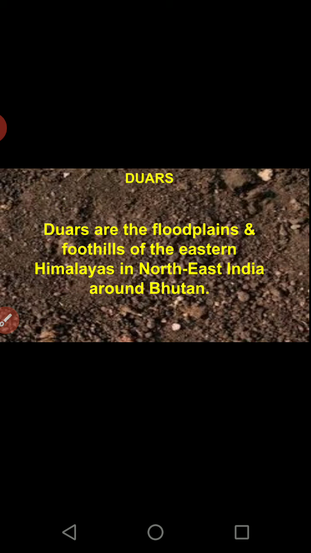Let's go back. Duars: it is the same soil, but they are known by different names. Duars are the floodplains and foothills of the eastern Himalayas in northeast India and around Bhutan. So Bhutan, or you should study the Assam region; whichever alluvial soils are found in the Assam region are known as Duars.